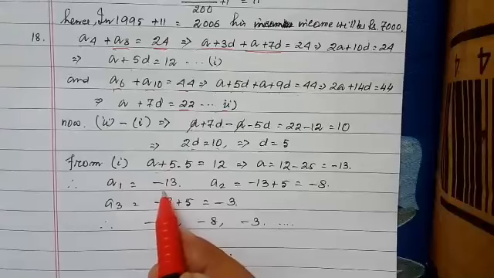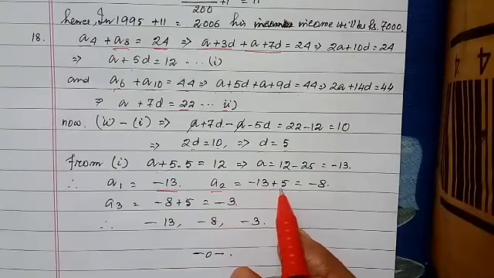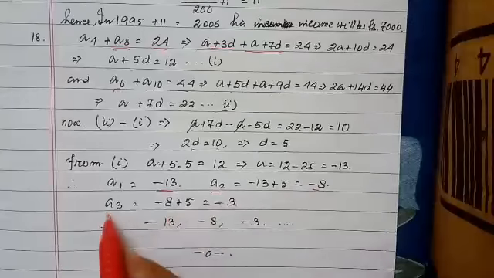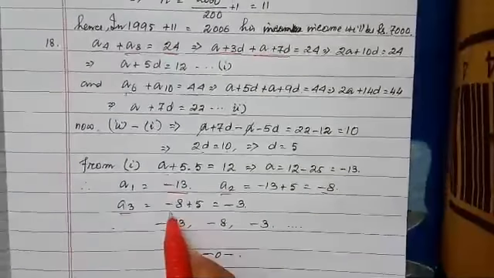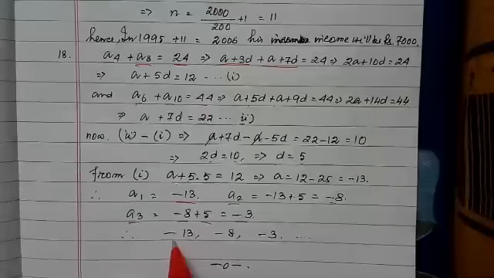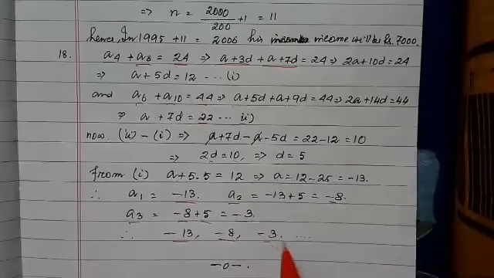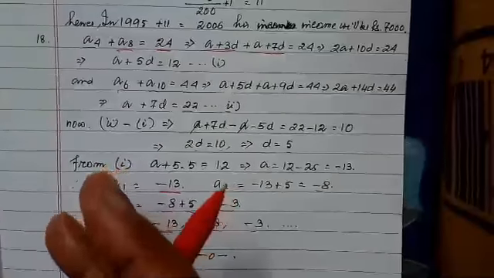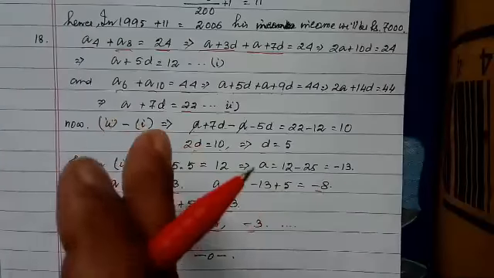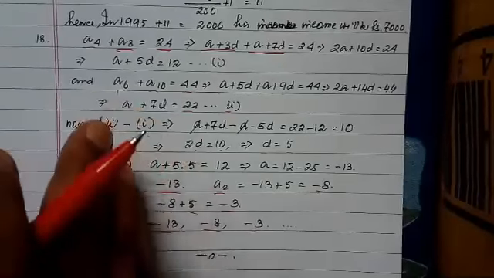Therefore, first term a1 is equal to minus 13, second term a2 is equal to minus 13 plus 5, that is minus 8, and third term a3 is equal to minus 8 plus 5, that is minus 3. Hence the AP is minus 13, minus 8 and minus 3. Now in my next video, I will give you the solution of the remaining exercises of the book.